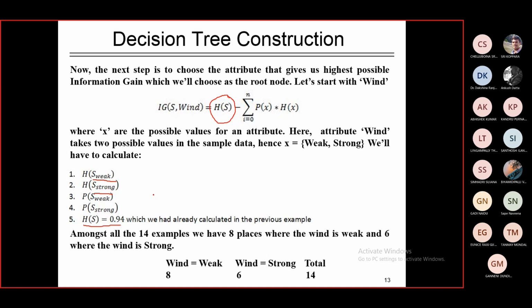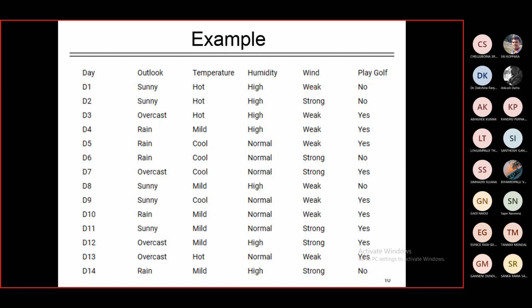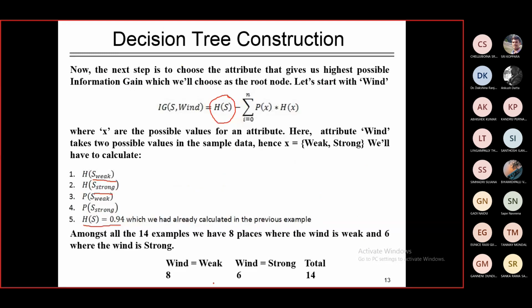For the wind attribute there are two possible values, weak and strong. How many weak values are found? 8 weak values and 6 strong values, total 14. So among 14 examples, we have 8 places where the wind is weak and 6 where the wind is strong.